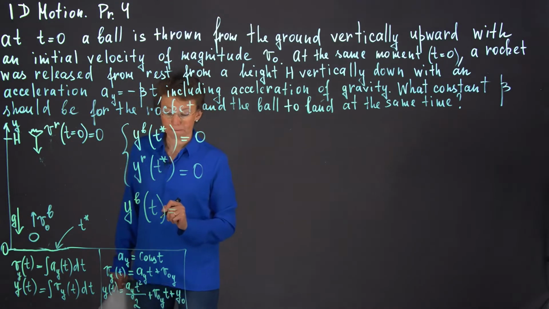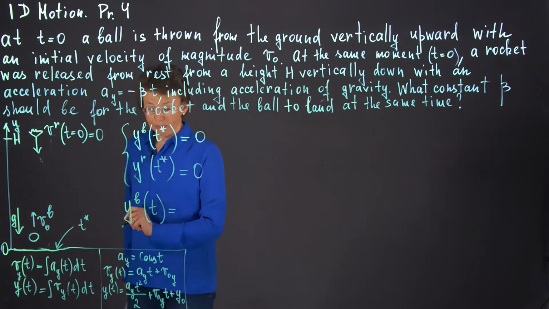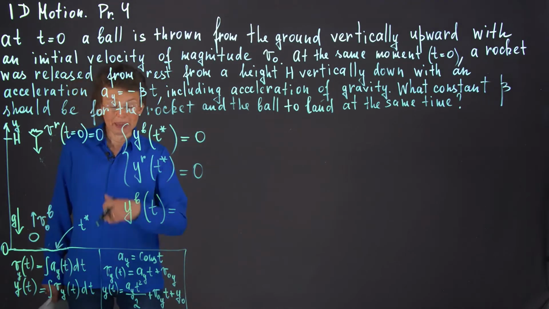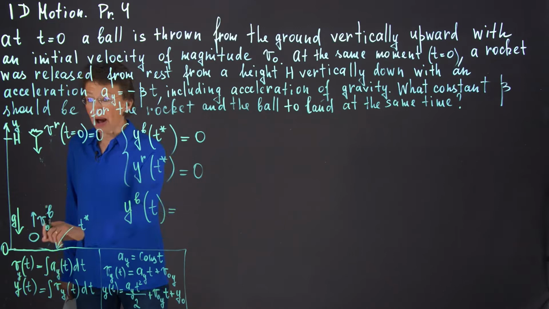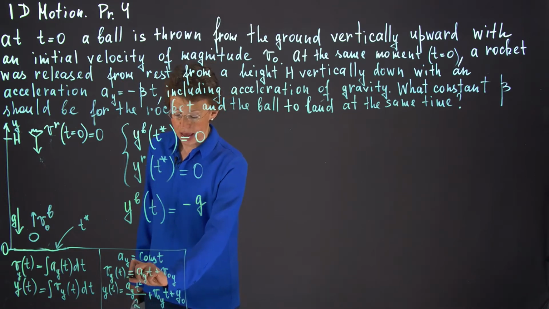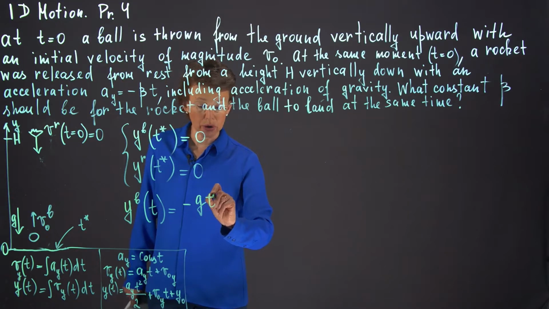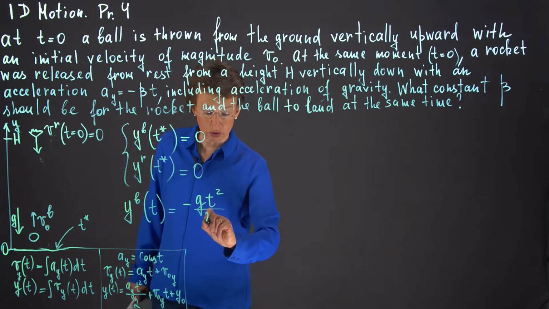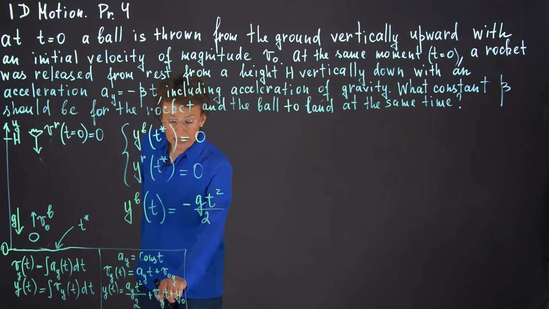What is it? a_y for the ball will be negative g. My y is up, g is down, so it is negative g. This is a_y. I keep going, at any time moment, t squared over 2, plus v naught y t.